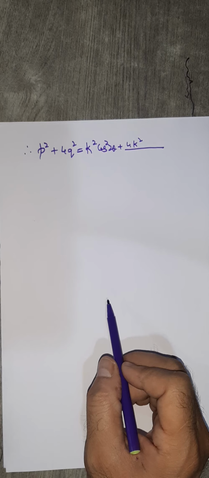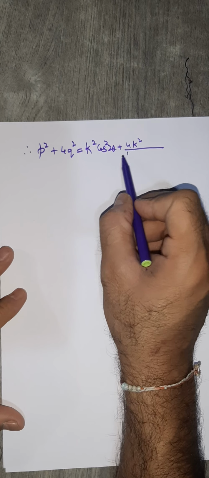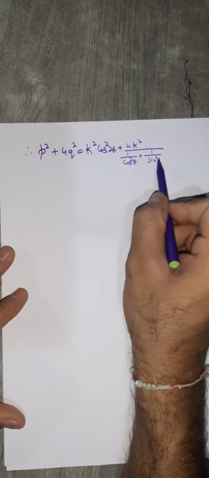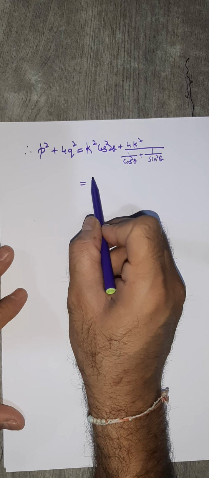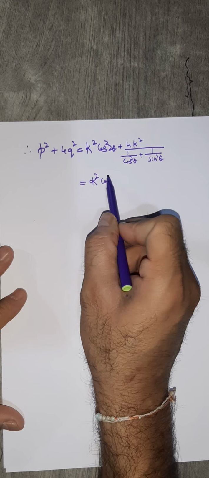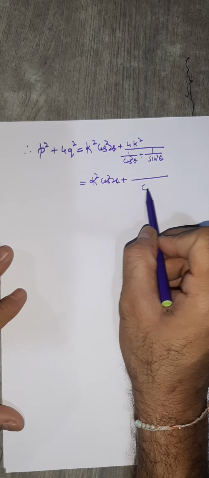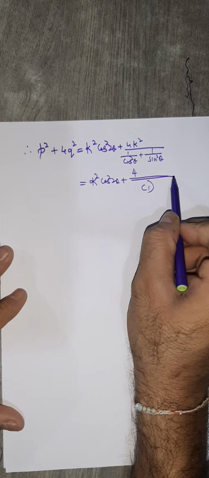What about the denominator expression? Obviously you need to write it in the form of cos square and sin square, right? Just do the cross multiplication here. So the denominator will be here, cos square plus sin square is 1. What about this?